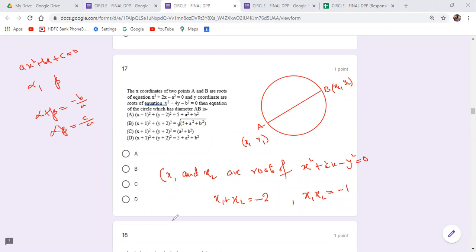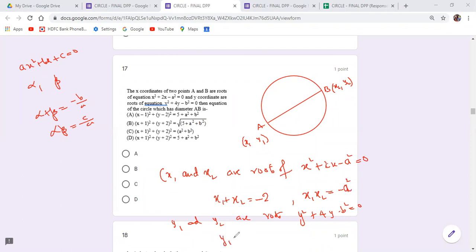y1 and y2 are roots of y square plus 4y minus b square equal to 0. So what can you say? Here it is a square, and here it is minus a square.